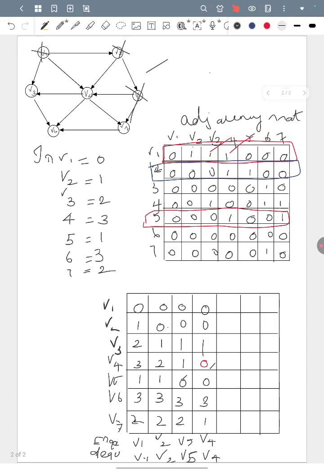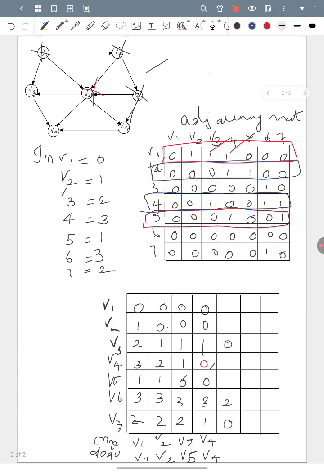And now we have to remove this V4 and calculate the in degree if V4 is removed. We can see there is an in degree from V4 to V3, V6 and V7. For V3 we have to subtract 1, for V6 we have to subtract 1, and for V7 we have to subtract 1.